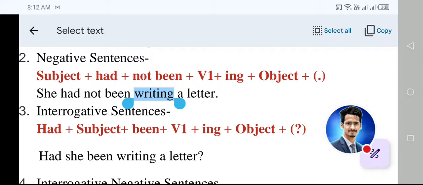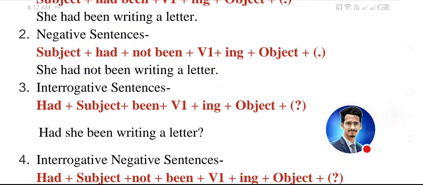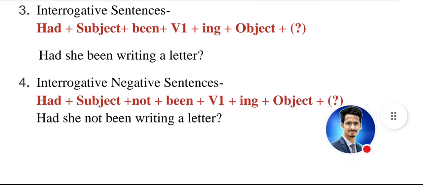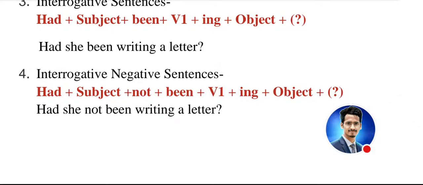You can just change the verb, and you can make thousands of sentences this way. And for the interrogative, we just use the auxiliary verb at first: had she been writing a letter? And the interrogative negative sentence is: had she not been writing a letter?